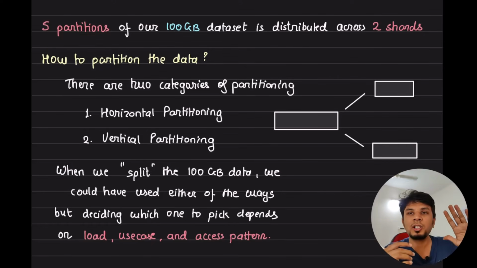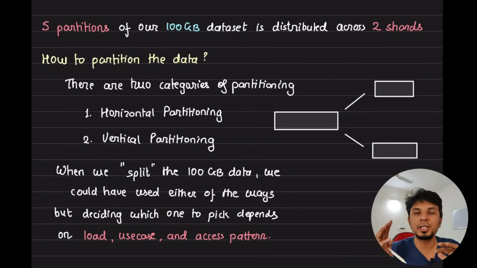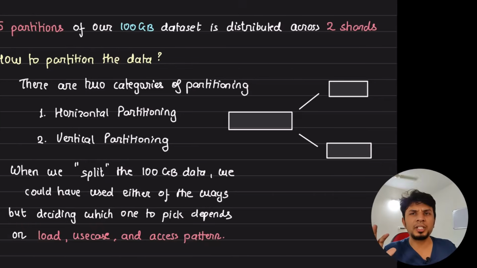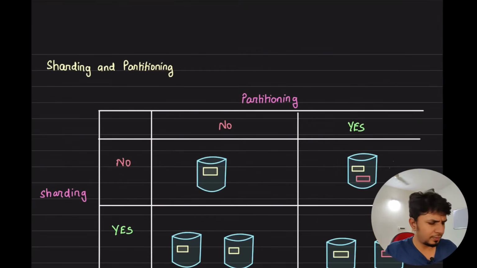Randomly allocating some row to some partition will have a massive impact on your performance. It has to be a very smart way of doing it. Right? And we will talk about partitioning in detail in some future video.